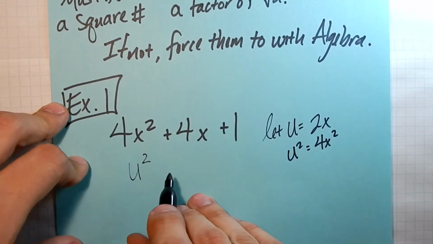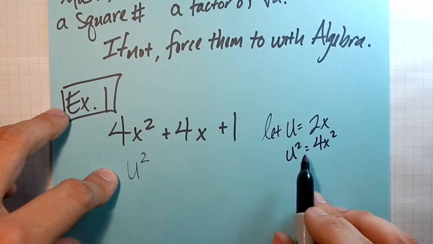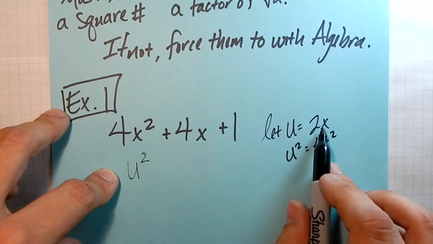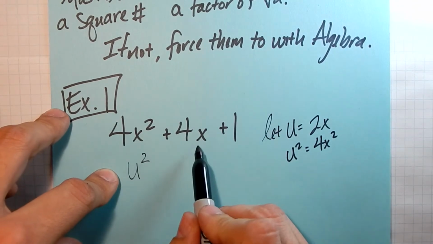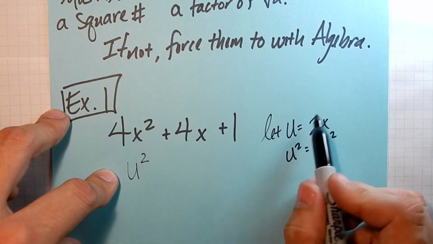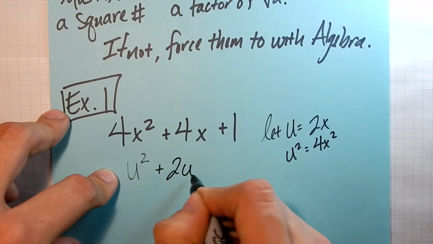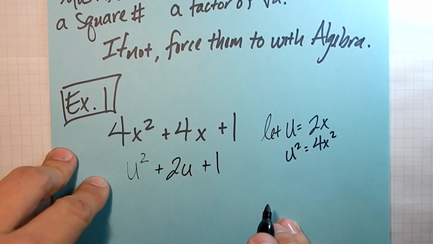I think my marker's dying. We've got u squared, and u is 2x. Here we have 4x, and we have 2x, so we need to multiply by 2 in order to get 4x. So this becomes 2u plus 1.